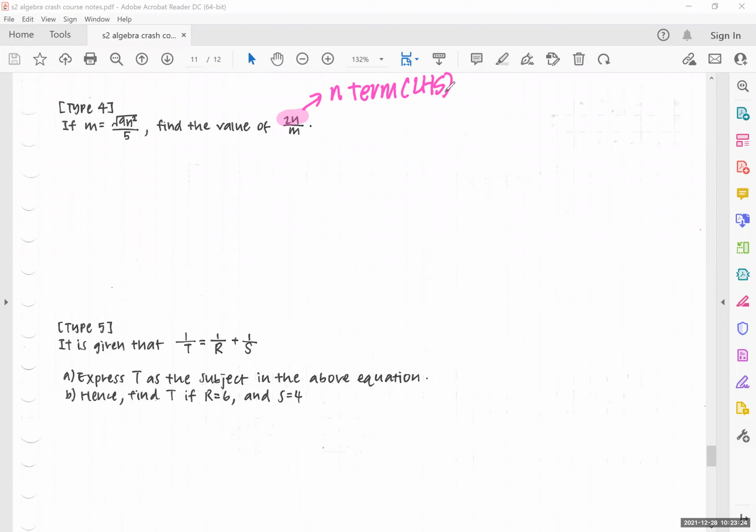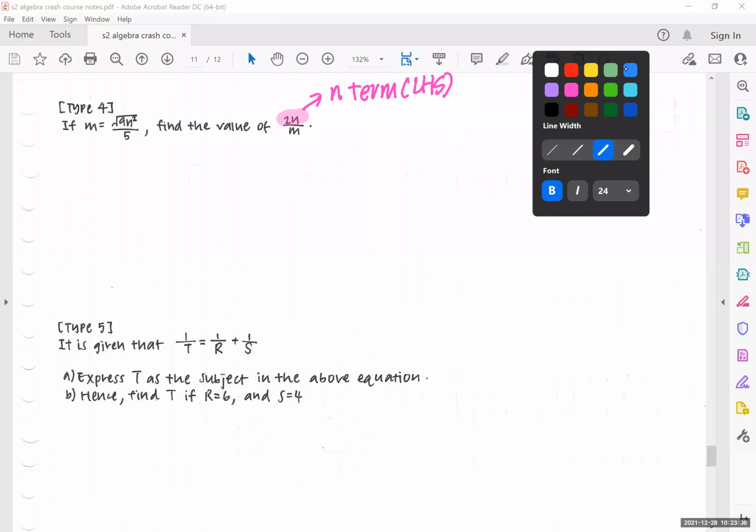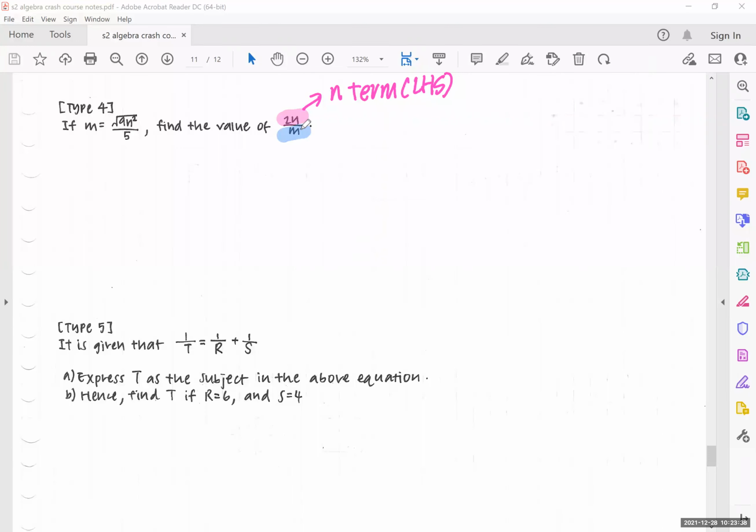Clear so far? So anything that is, let's say they say the fraction, right? The numerator is always where again? Left-hand side. Left-hand side. Change pen color. I'm going to use blue. This is the denominator. Denominator is on the right-hand side.